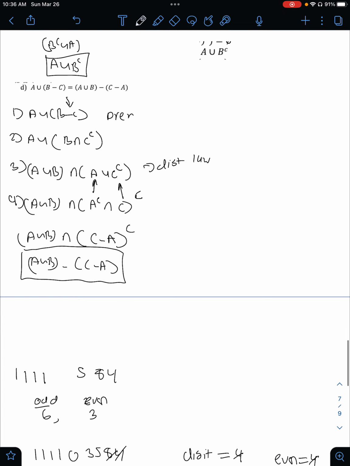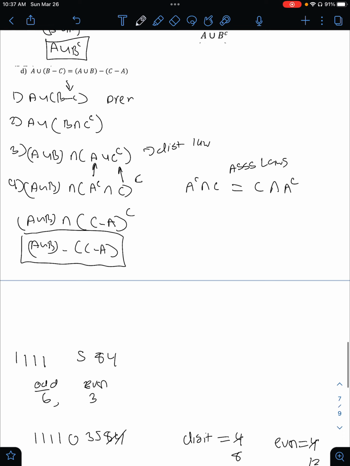And then what this is basically saying is this is C. Let's rewrite this outside like this. So A complement or C complement, and C complement, is equal to this by associative laws. And what that is saying is that's C without A. So that's why I wrote it like this.